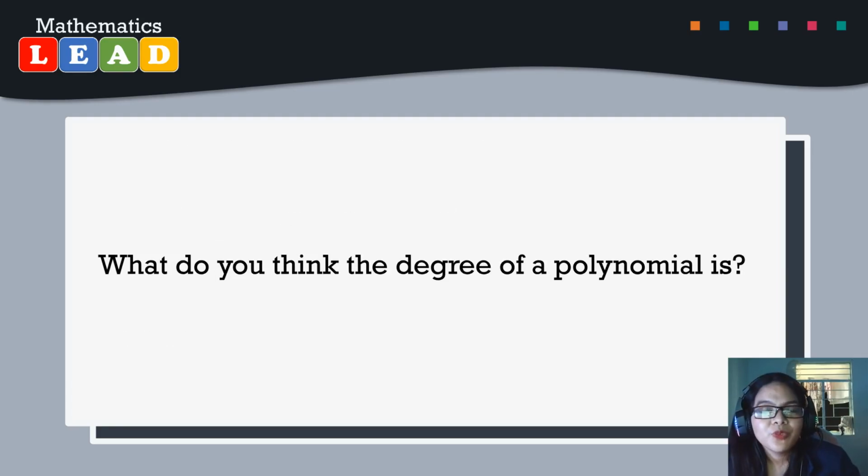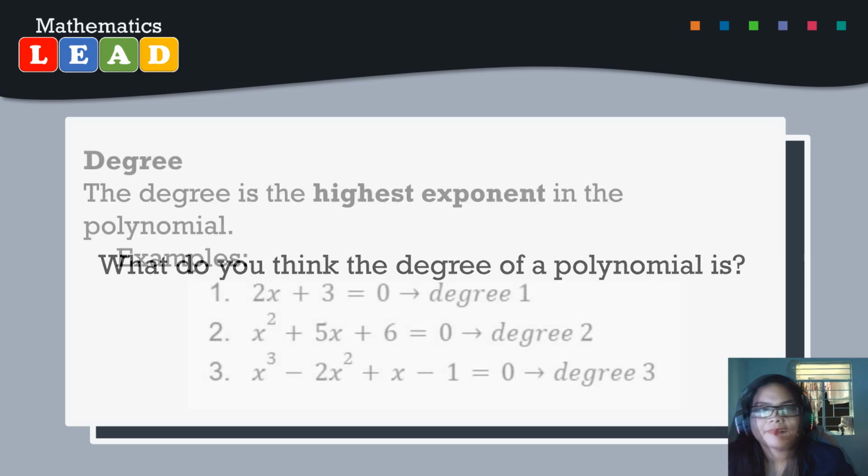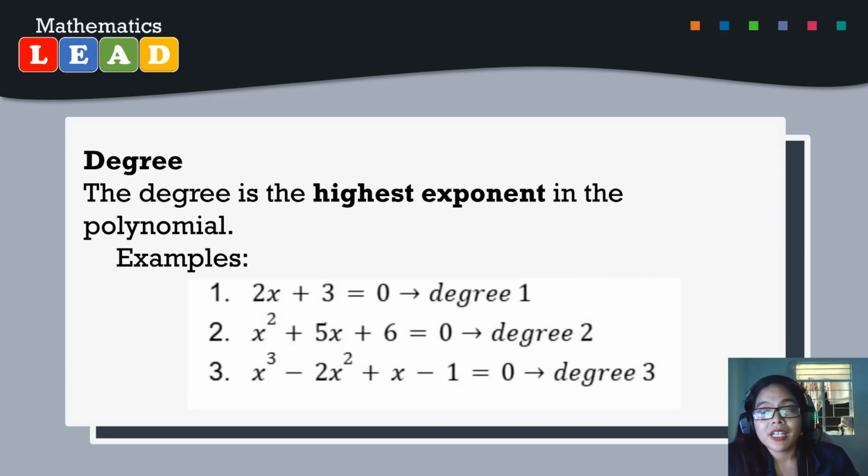Now, let us move to another important idea, the degree of a polynomial. Think about this. What do you think the degree of a polynomial is? The degree of a polynomial is the highest exponent of the variable in the entire polynomial. Look at these examples.